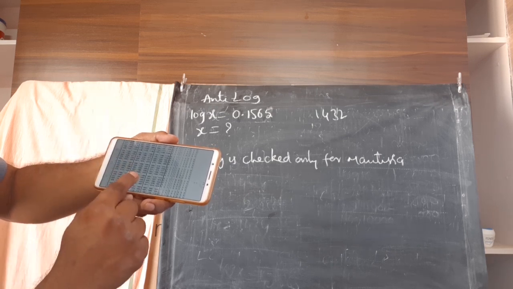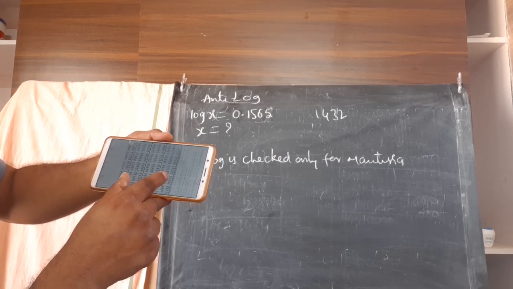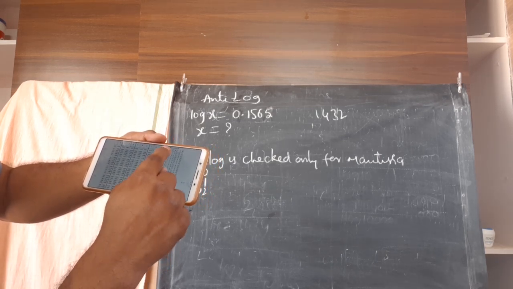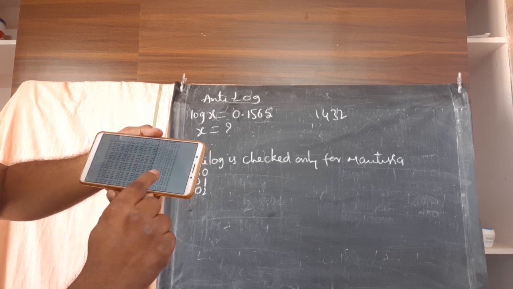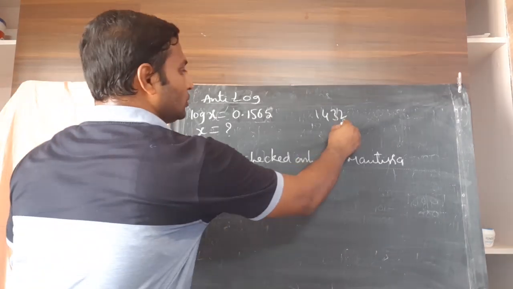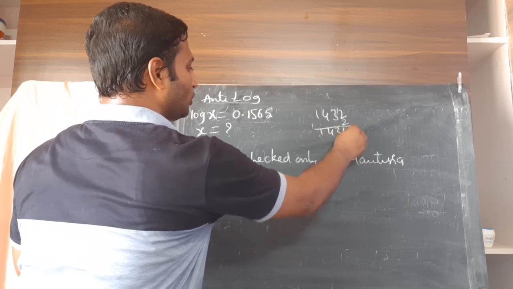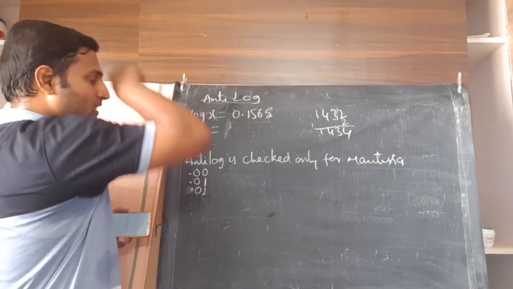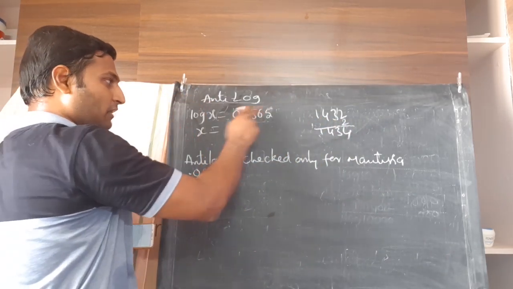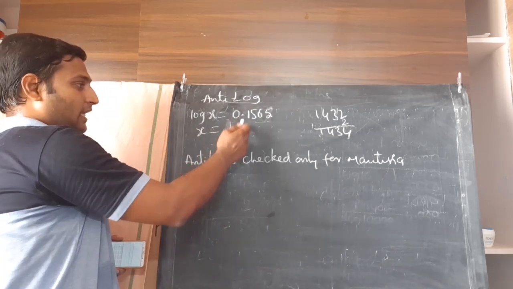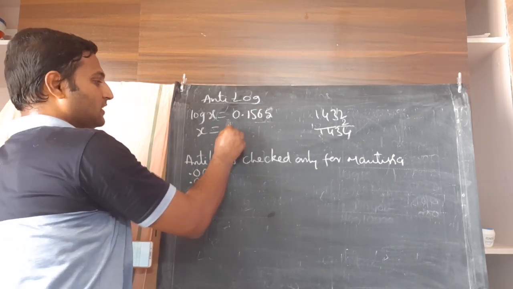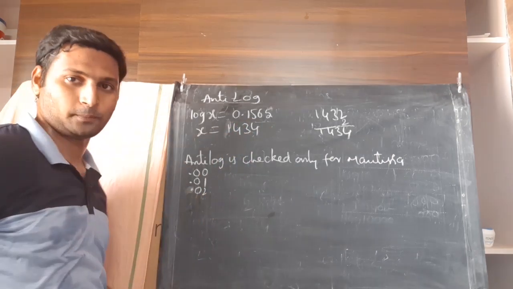Then I have mean difference 5. Against 0.15 under mean difference 5, you can notice I have 2. So add 2, it becomes 1434. So the digits you are getting for 0.1565 by checking the anti-log table, 0.15 under 6 mean difference 5, is 1434.